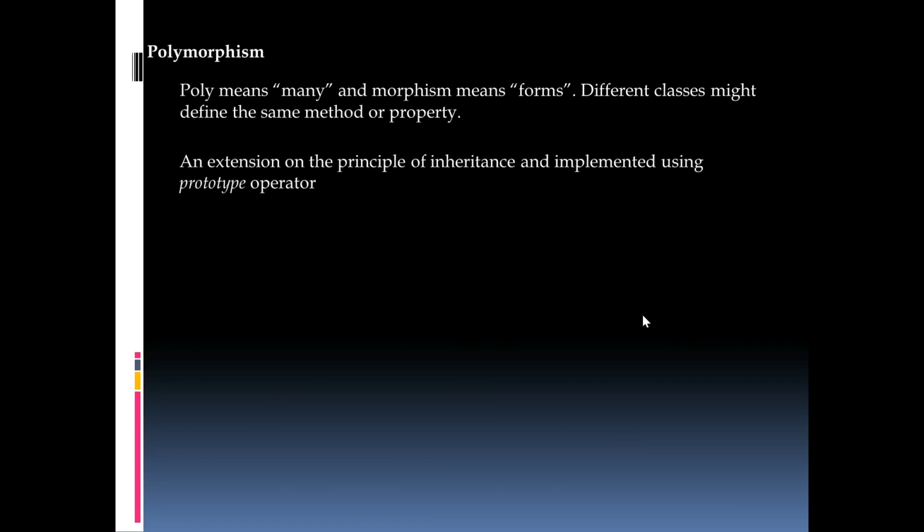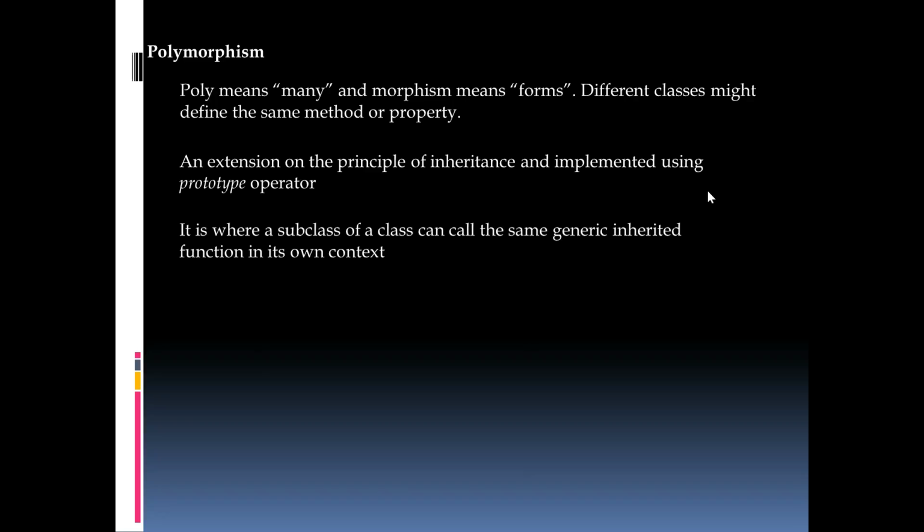Because in JavaScript, you can only have a single inheritance, if we need to define more properties or methods, we can use polymorphism. It is also where a subclass of a class can call the same generic inherited function in its own context.